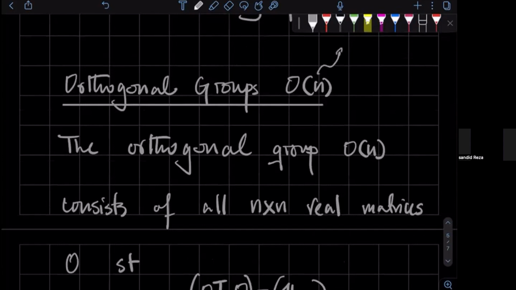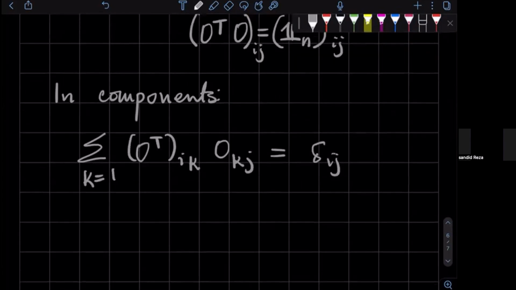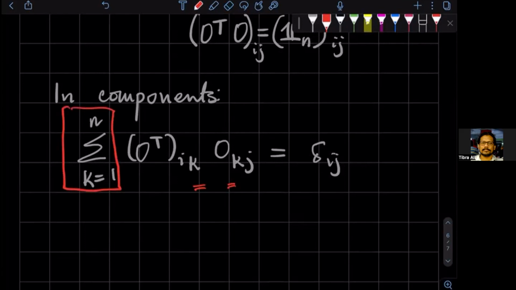There's not 3 here. These are n by n matrices. So what is the upper limit? Right, so the upper limit is n. So the Einstein summation convention basically says that whenever there is an index which is repeated, this summation is implied, right?